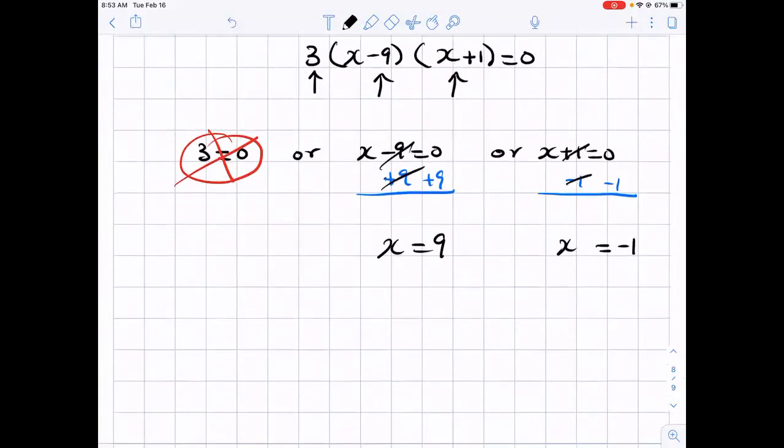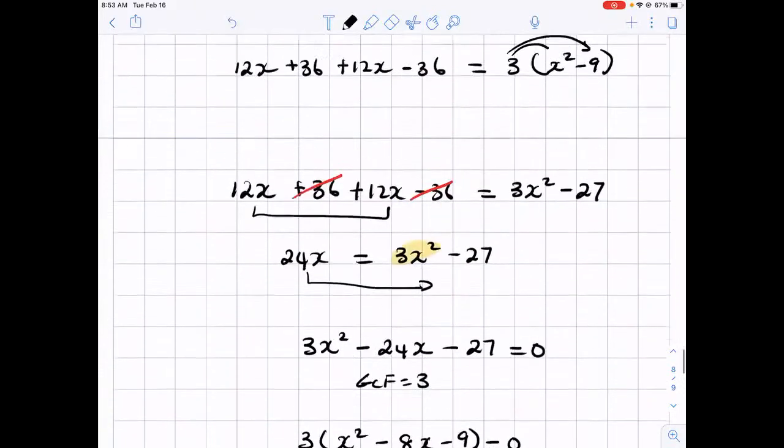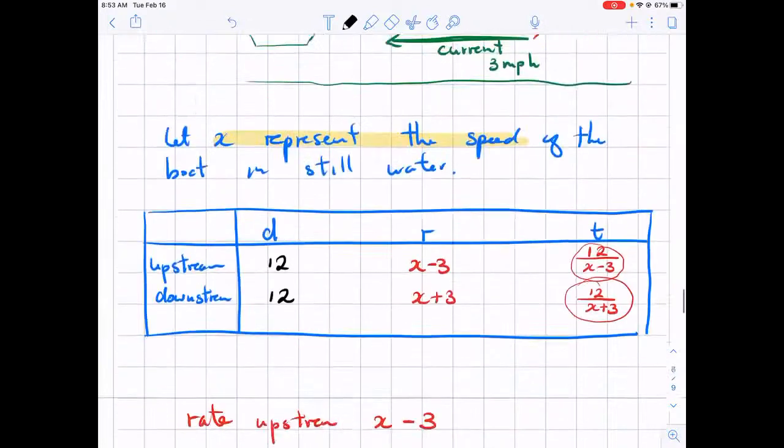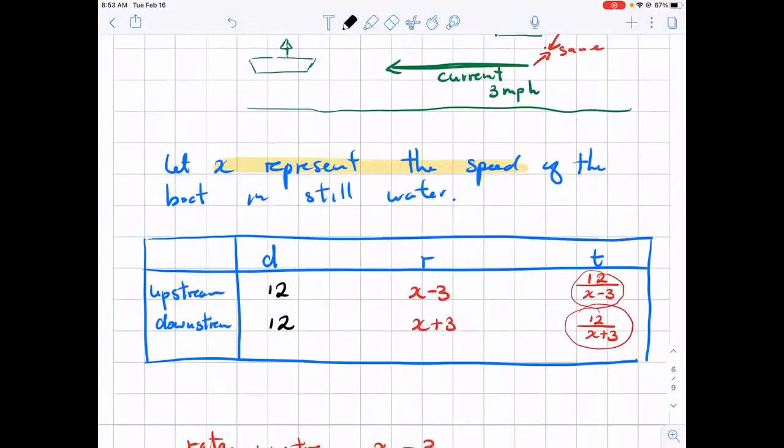But don't forget, you're not finished. Remember, what is x? You said x represents the speed of the boat in still water. So the speed of the boat is the rate at which it's traveling. So the speed of the boat cannot be negative.